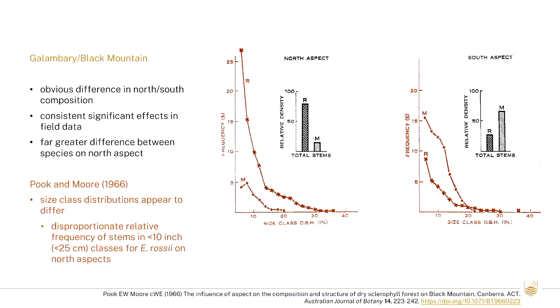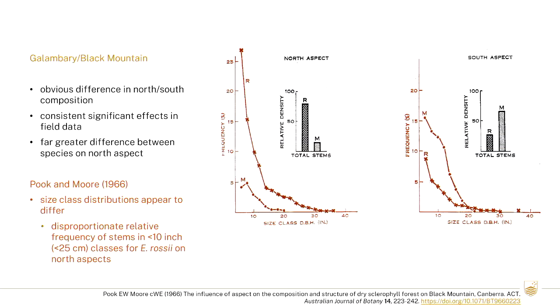You can see on the north aspect that the distribution of size classes is very different between rossii and macrorhyncha. Now, I'm not concerned here about the absolute difference in terms of numbers. What I'm interested in here is this very clear and very disproportionate relative frequency of stems in the smallest diameter classes in Eucalyptus rossii.